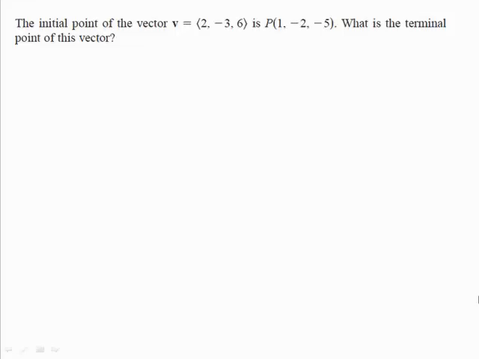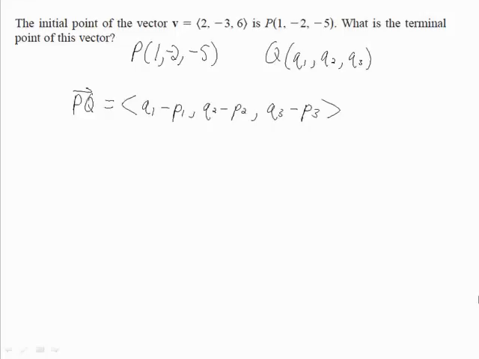The initial point of the vector v equals 2, -3, 6 is p, the ordered triple 1, -2, -5. What is the terminal point of this vector? Using the component form of the vector whose initial point is p, the ordered triple 1, -2, -5, and whose terminal point is q, the ordered triple q sub 1, q sub 2, and q sub 3, you can write the vector pq equals the vector q sub 1 minus p sub 1, q sub 2 minus p sub 2, and q sub 3 minus p sub 3.